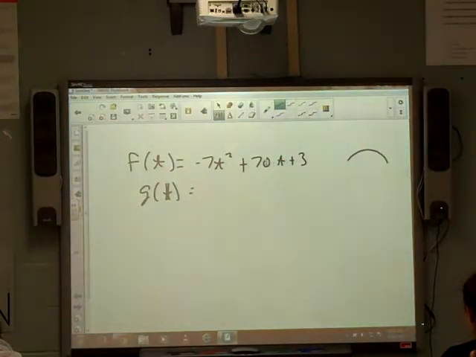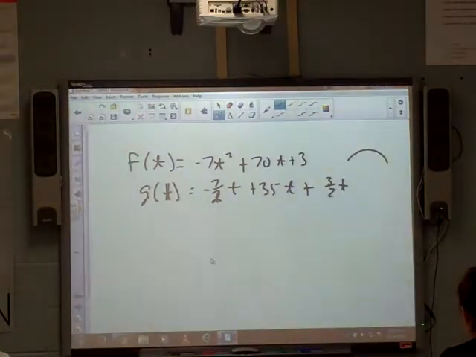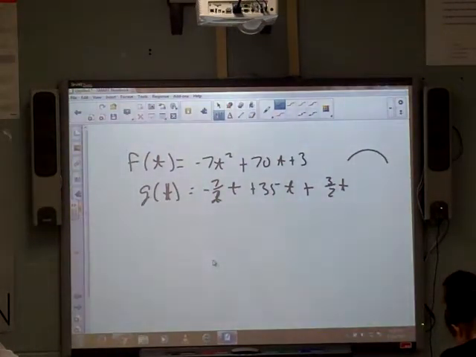You can put them as fractions or decimals, either one. That's going to be negative 7/2 t squared plus 35t plus 3/2. If you put them as decimals, that's okay, or as a mixed number, that's okay. But that's what you would get after you distribute 1/2 to it. So that's your answer number 1. That's your new equation. We distributed 1/2 to everything.